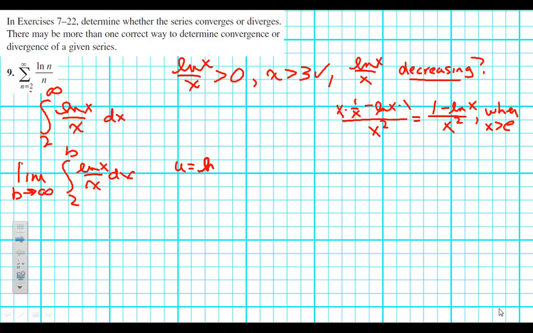Natural log of x is a great choice, with 1 over x dx, and here's 1 over x dx. So we get the limit as b goes to infinity of the integral of u du, and we're going to need to go from natural log of 2 to the natural log of b.